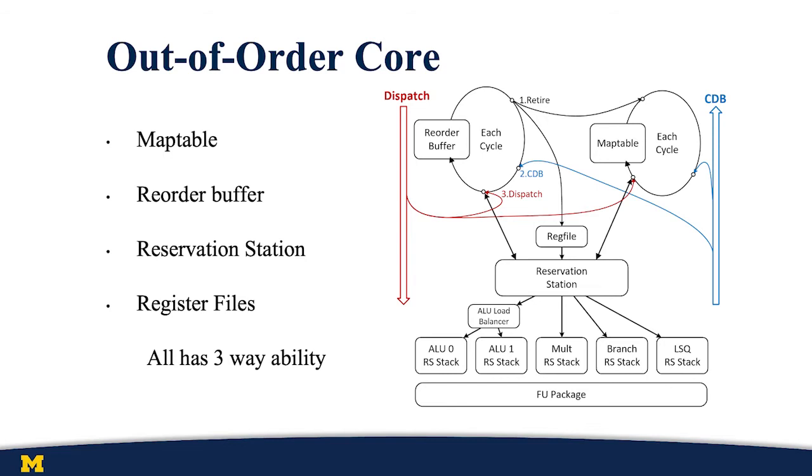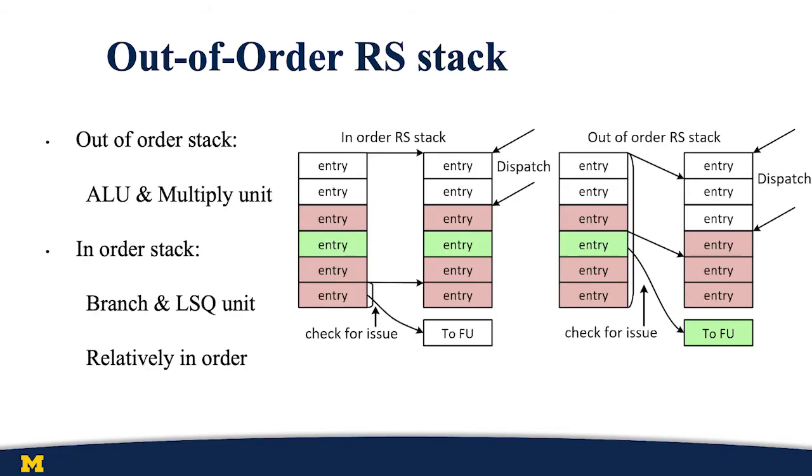The out-of-order core is basically P6 style. A basic functional diagram is shown on the right. Since we are a three-way superscalar machine, each unit inside this out-of-order core has to have the ability of three-way internal forwarding. For the reservation station, it has been split into 5 smaller stacks dedicated to each functional unit.